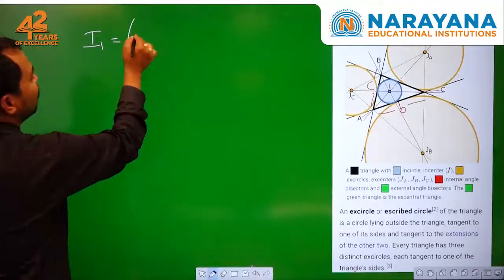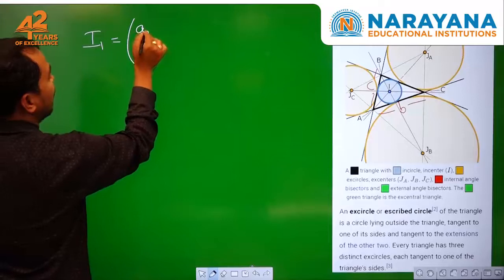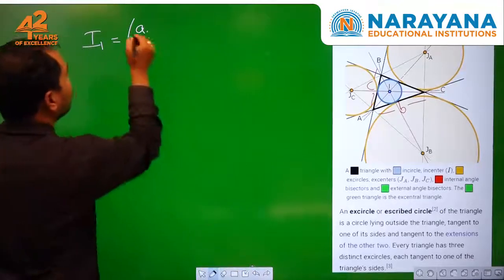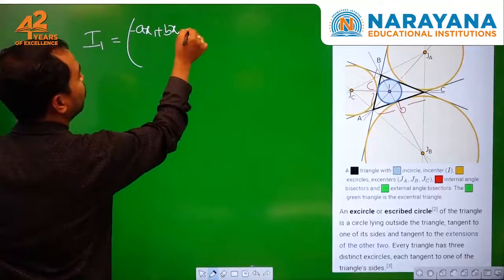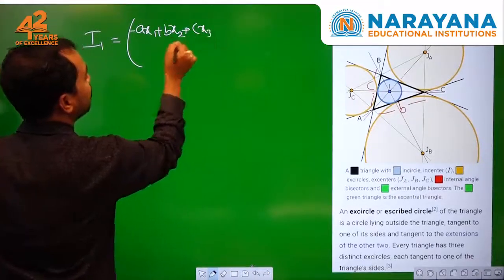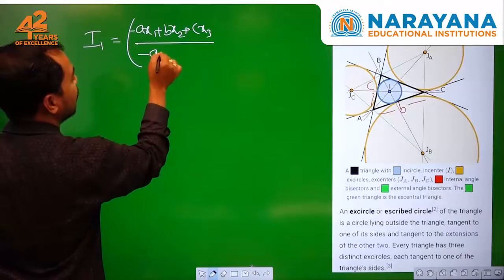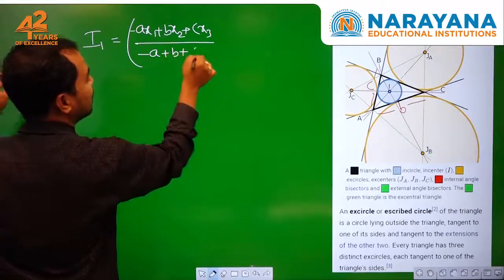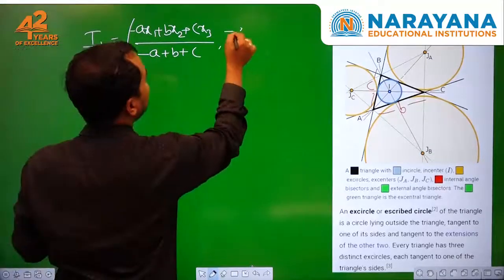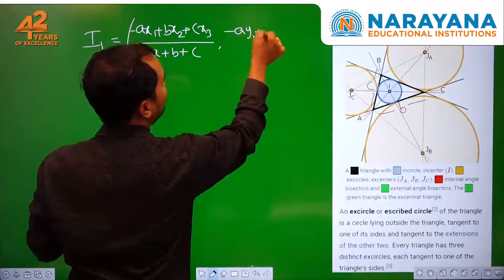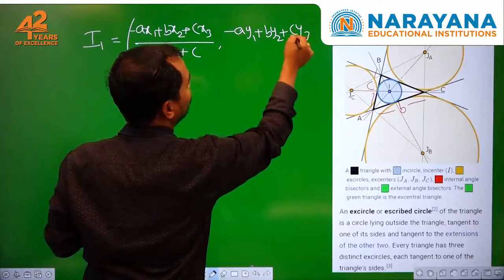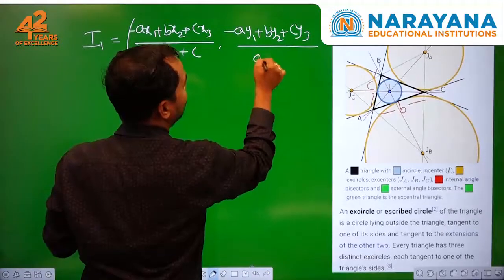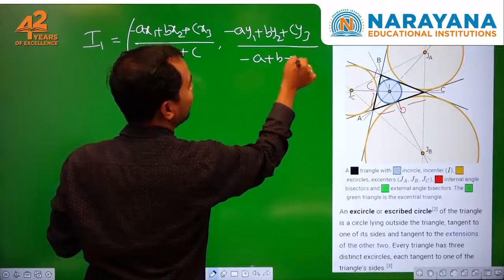I1 is (-ax1 + bx2 + cx3)/(-a + b + c), comma (-ay1 + by2 + cy3)/(-a + b + c).